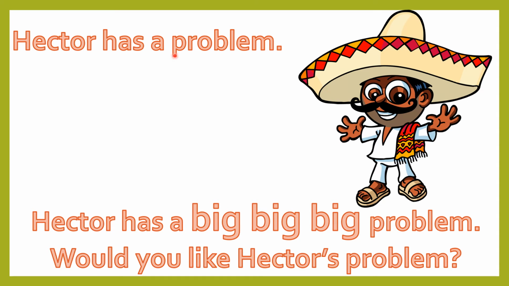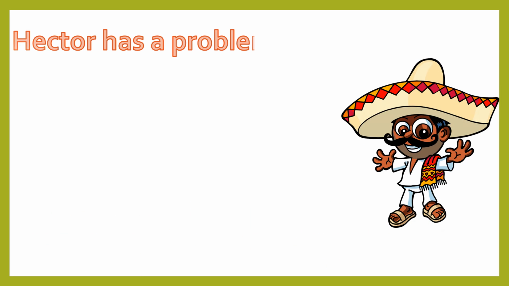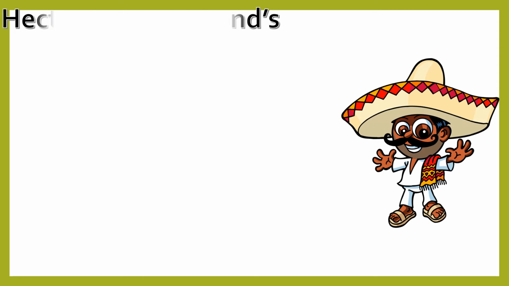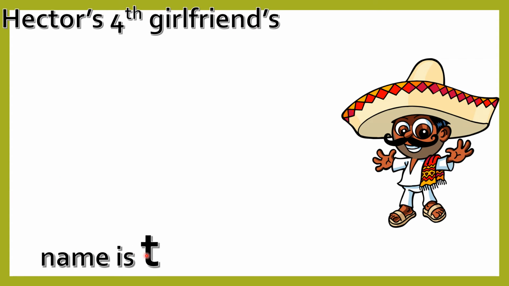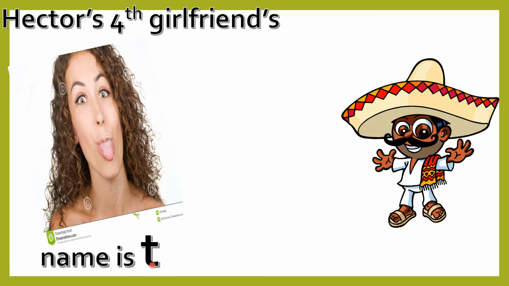Hector has a problem. Hector has a big, big, big problem. Would you like Hector's problem? Hector's fourth girlfriend's name is T. There she is.